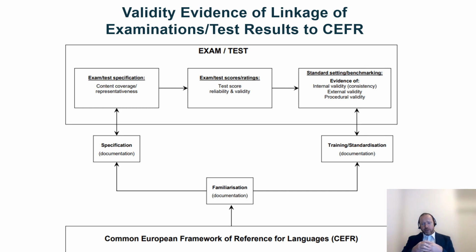Now, you take people from outside and inside the organization, so they're not biased at all, and you've got a good mixture, a good pool of people to do the work. You get them familiar with the CFR, and then you standardize them on that, and they look at the specifications, and they're standardized on that as well.